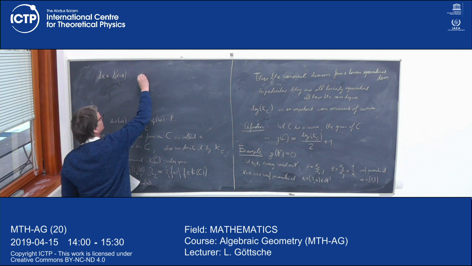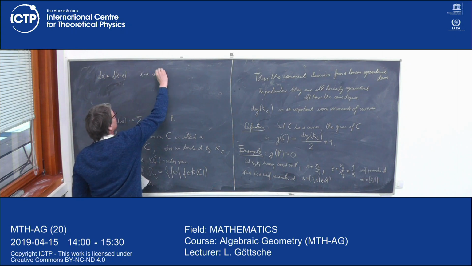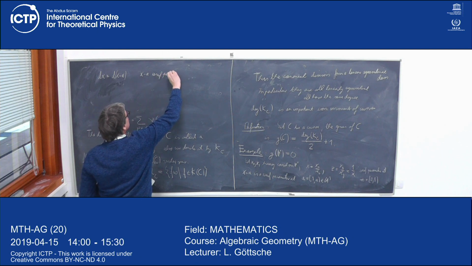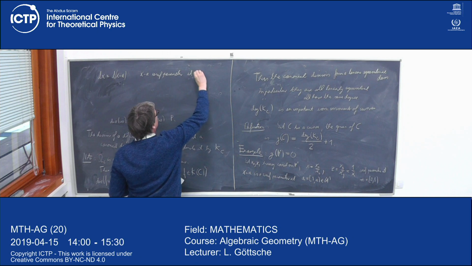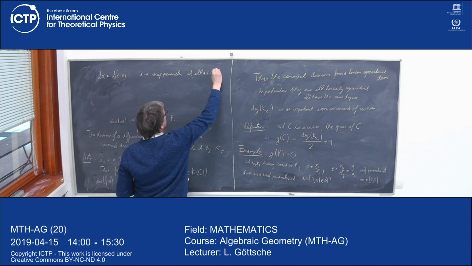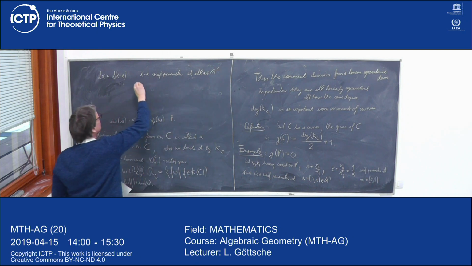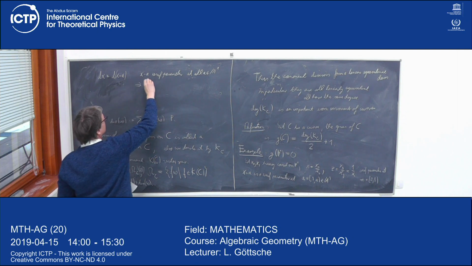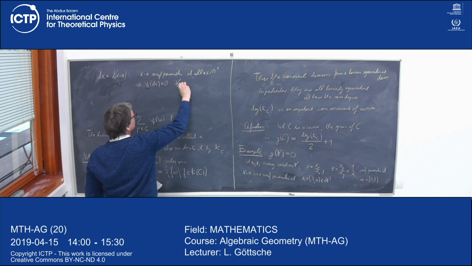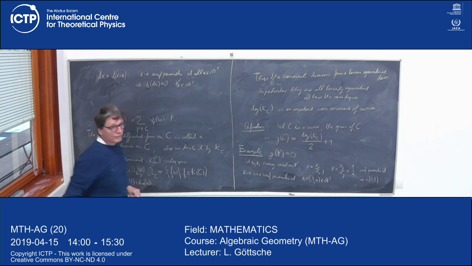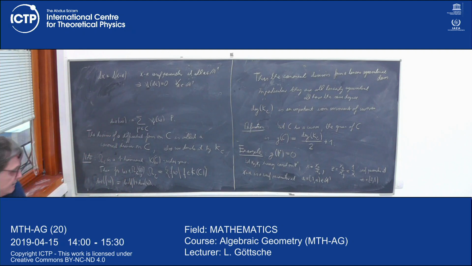And x minus a is a uniformizing parameter at all a in A1, so it follows that nu_a of dx is equal to 0 for all a in A1. So we only have to worry about what happens at infinity.